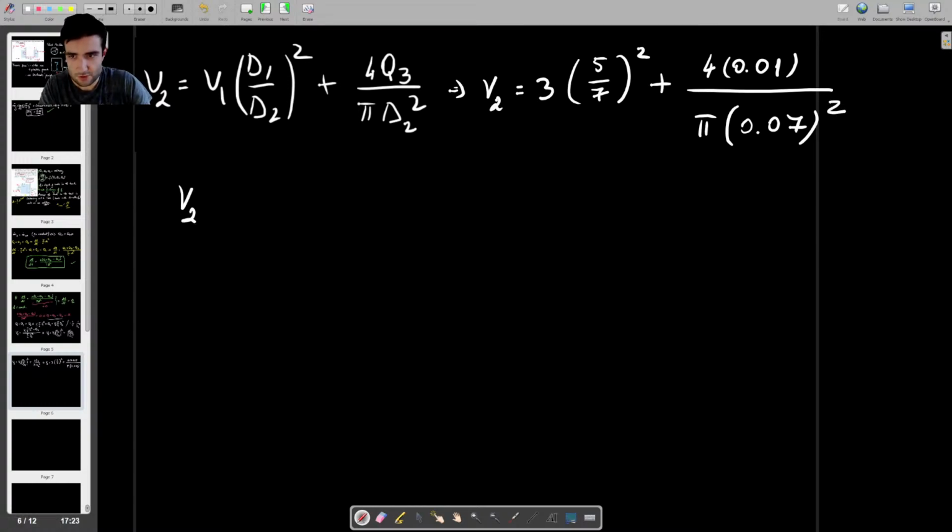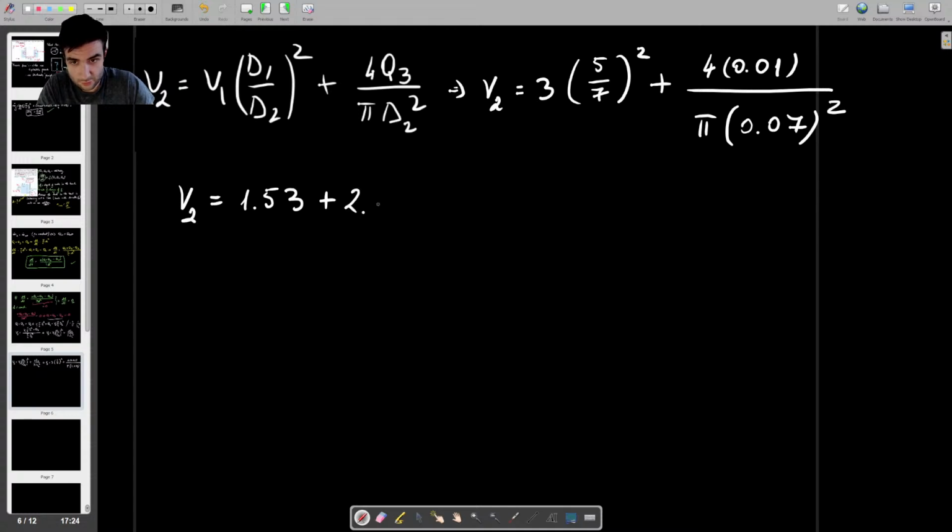Okay, now we just put the numbers in. 5/7 squared times 3: the first term is 1.53, plus 0.04 divided by pi, and then divided by 0.07, and then divided by 0.07.